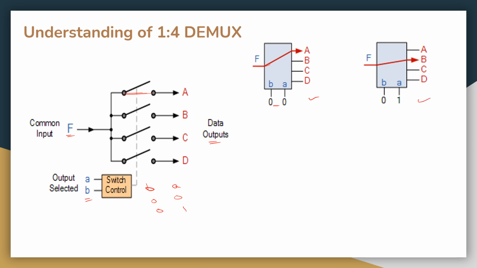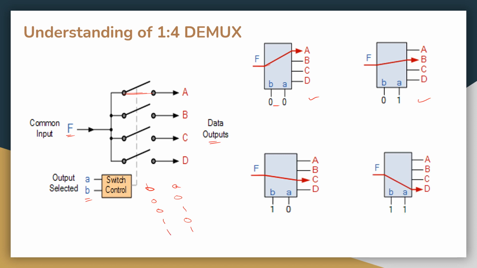Like that, we have one more option for A and B values like 1 and 0. If A and B values are 1 and 0, then the third switch is closed, then data is forwarded to C. We get one more option for A and B values, the last option, both are 1, 1. If both are 1, 1, then the input data is forwarded to D.